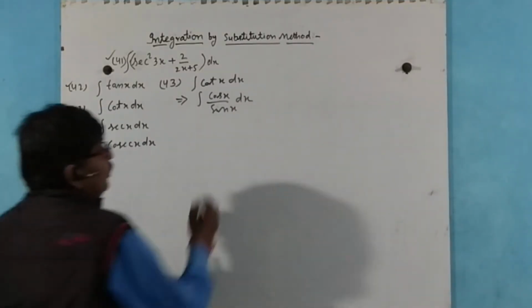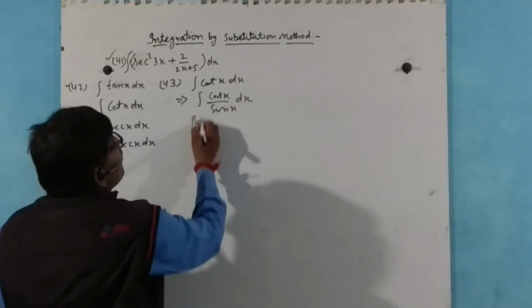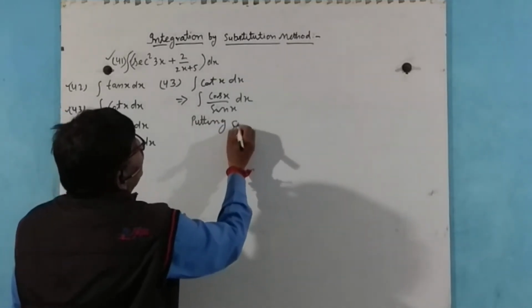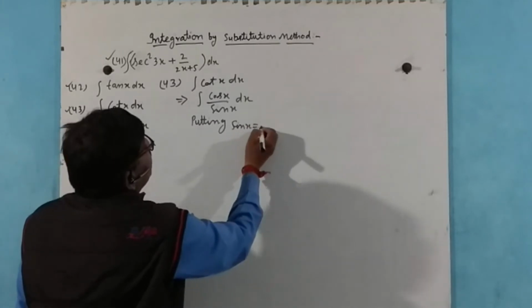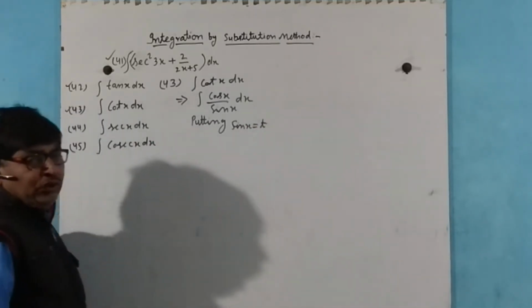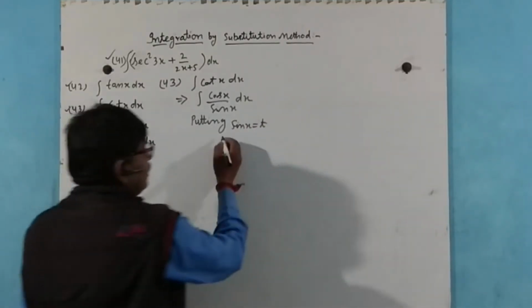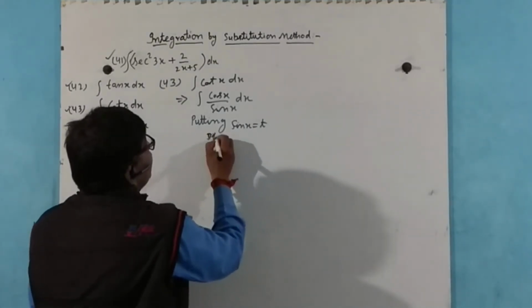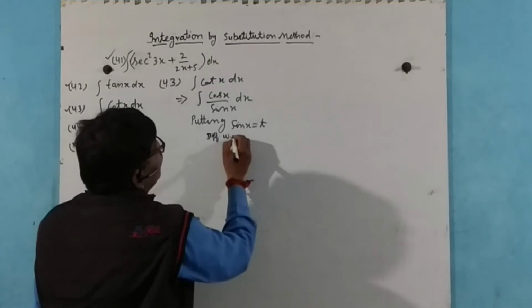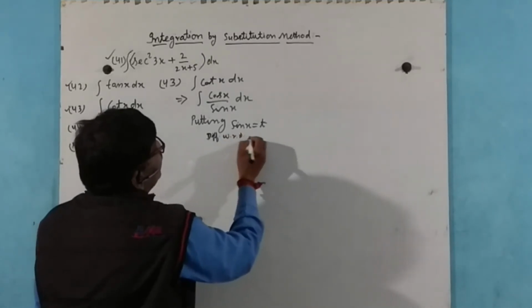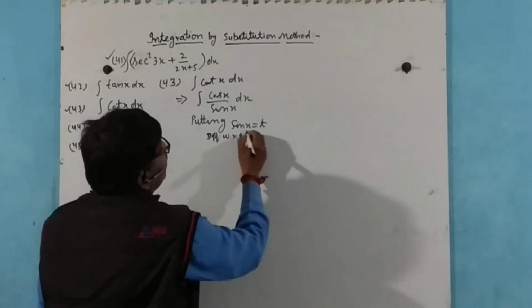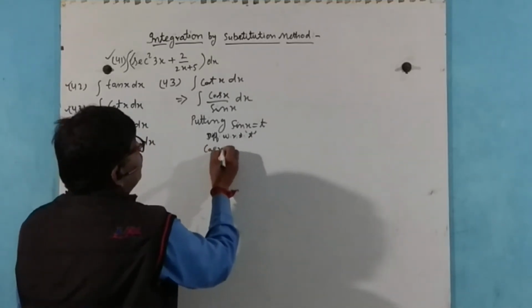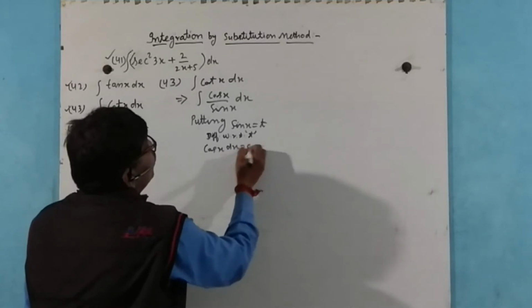Now putting sin x equal to t, so that differentiating it, cos x dx equal to dt.